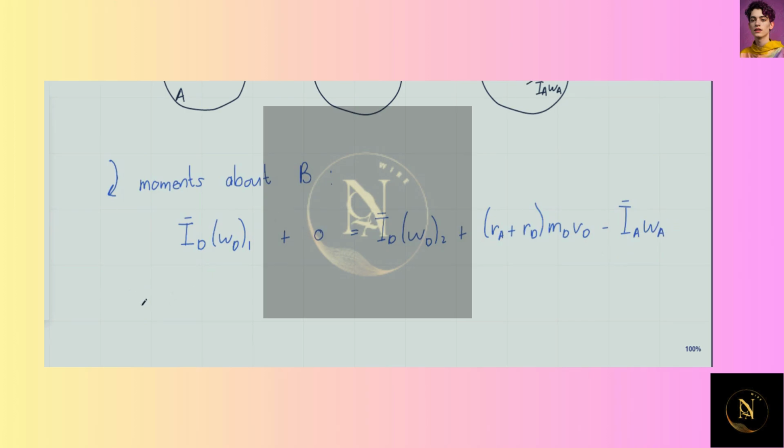So this equation becomes I bar a times omega a minus Ra plus Rd times md vd is equal to minus Id times omega d in state 1 minus omega d in state 2.